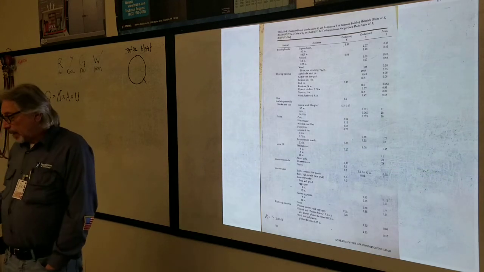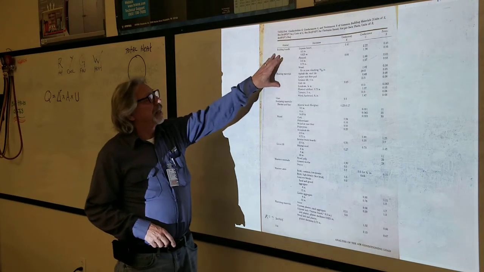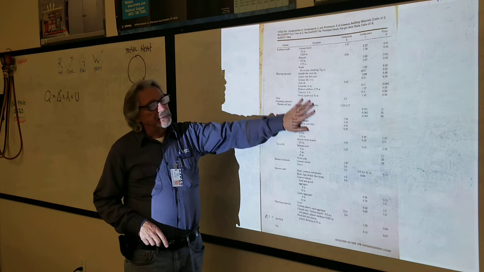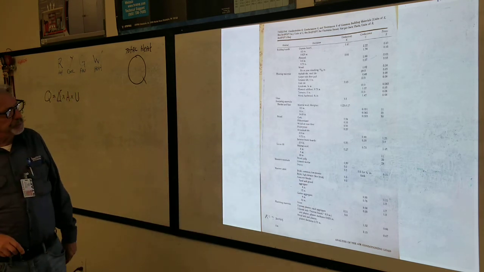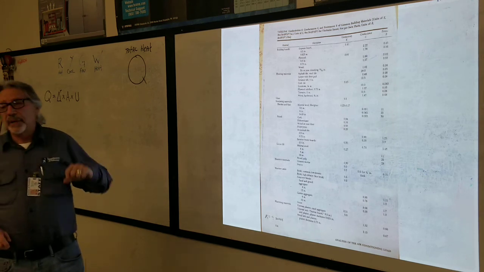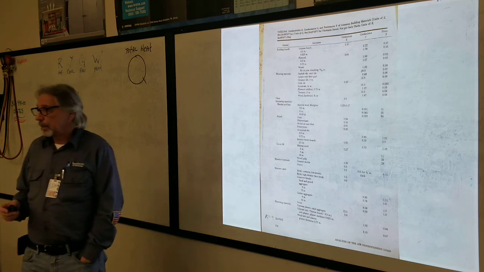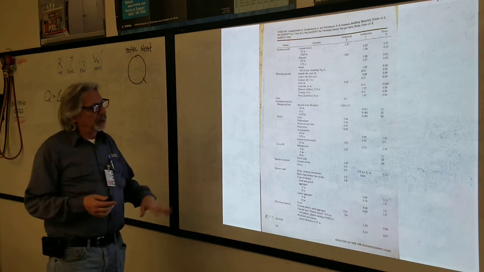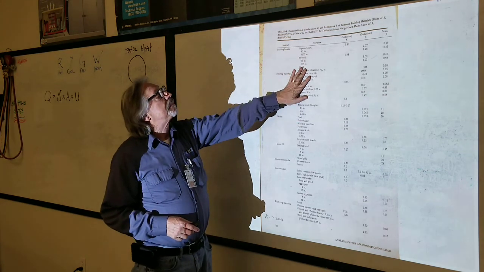Okay, so in the handout that I gave you is table 8.4. Now this is going to list building materials and a rate of conductivity of heat through those materials. So when we look at the columns, we'll take, for instance, gypsum.